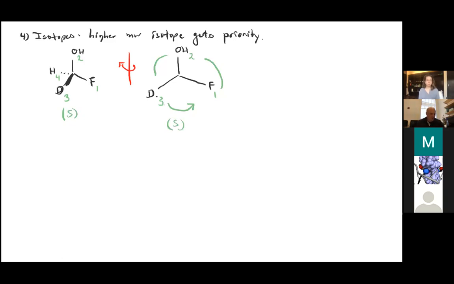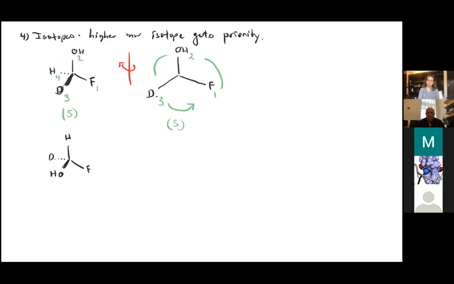Okay. The other thing I would say is that, dealing with this issue that you have to look down the bond to the lowest priority substituent, this can be a little bit tricky. For example, when the hydrogen or the lowest priority substituent is going up. Okay, so for example, same molecule, the hydrogen is up.